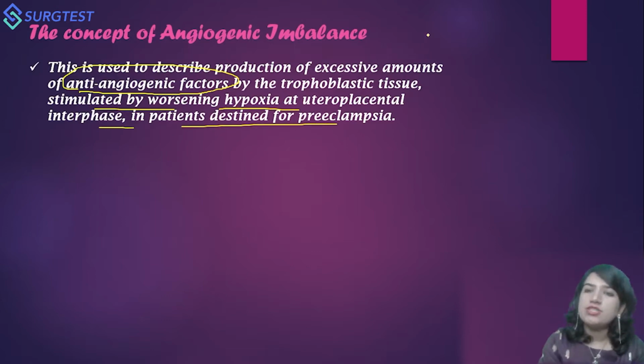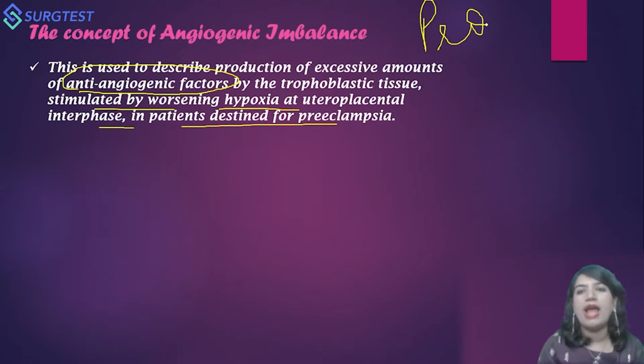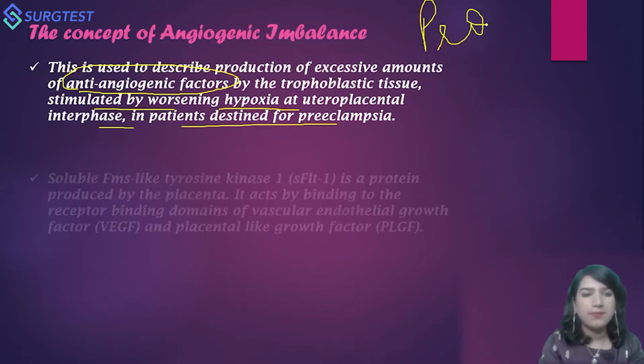There are certain pro-angiogenic factors which help in vascular growth and neovascularization, development of healthy placental channels, but there are certain anti-angiogenic factors at the same time which hamper this process.